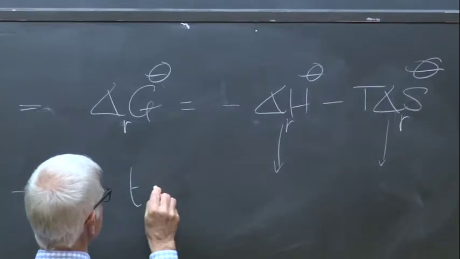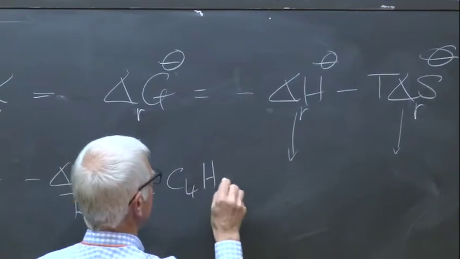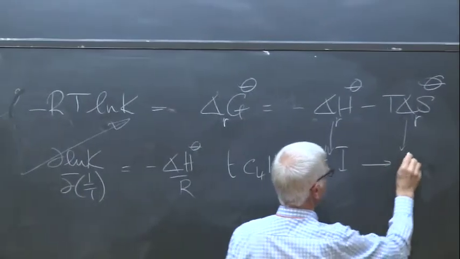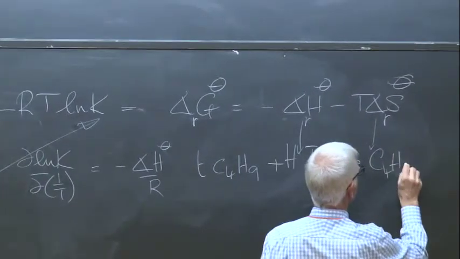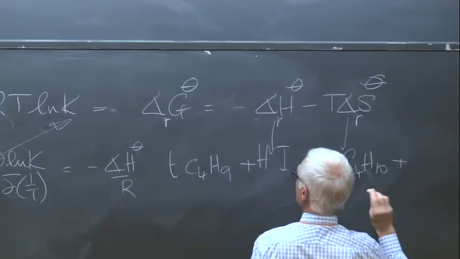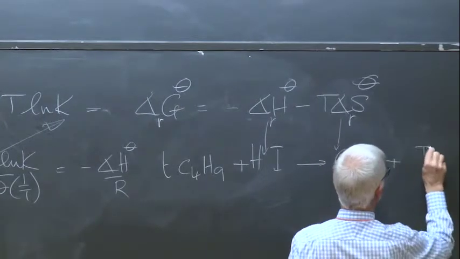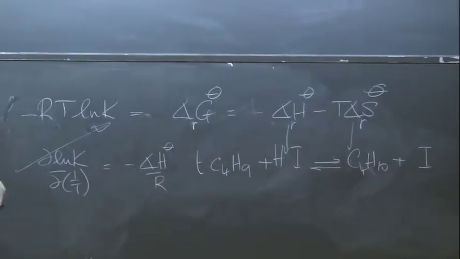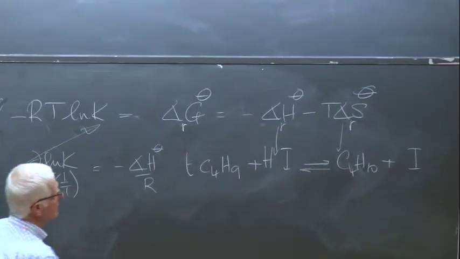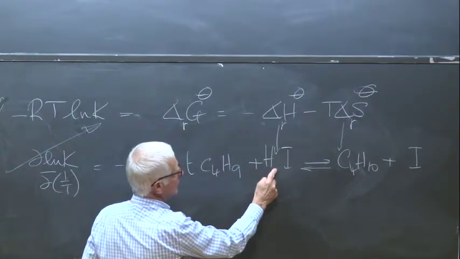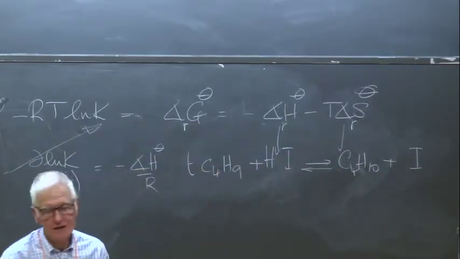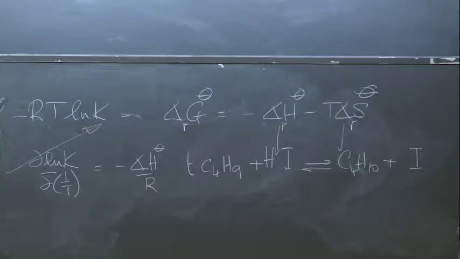So for example, this is tertiary C4H9 plus HI going to C4H10 plus I, reversibly. So we can find the enthalpy of formation of this, and of this, and from that we can calculate the enthalpy of formation of the tertiary butyl radical.